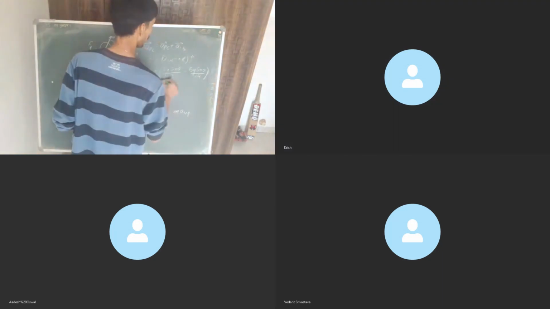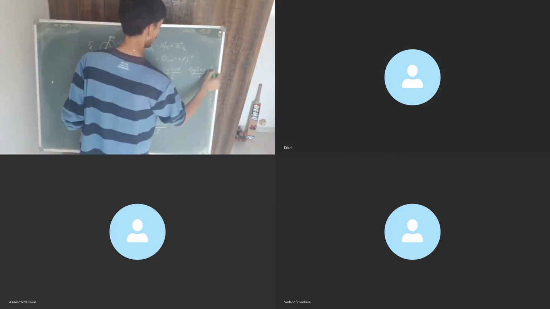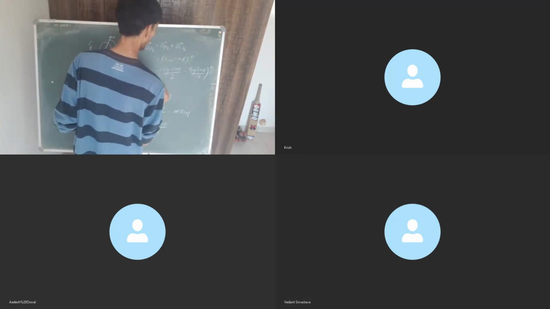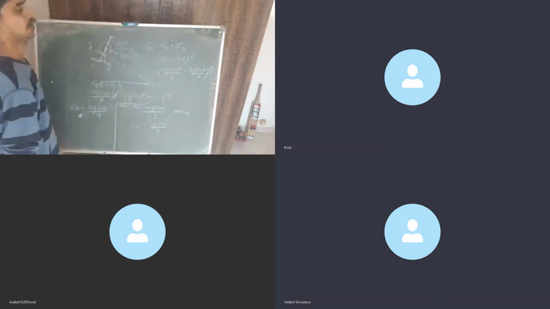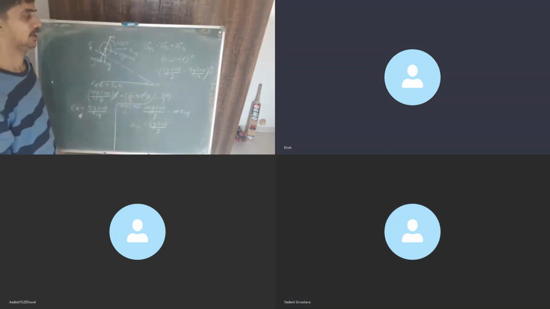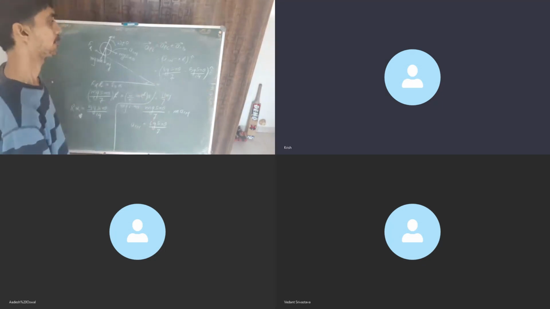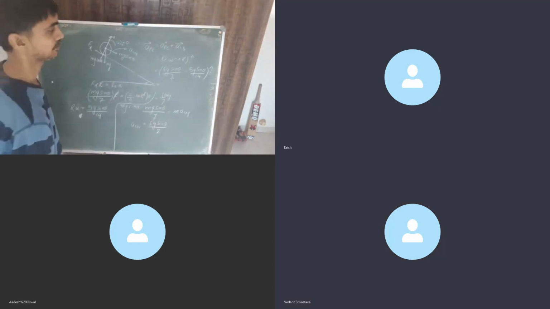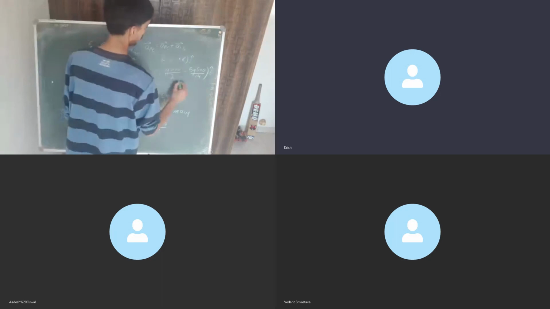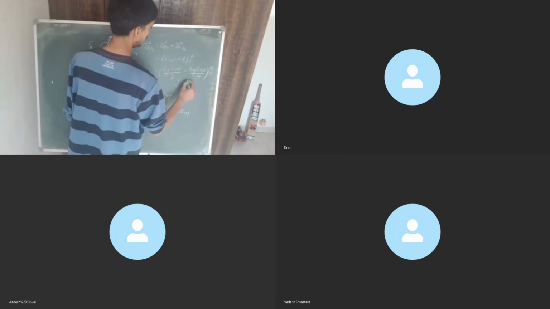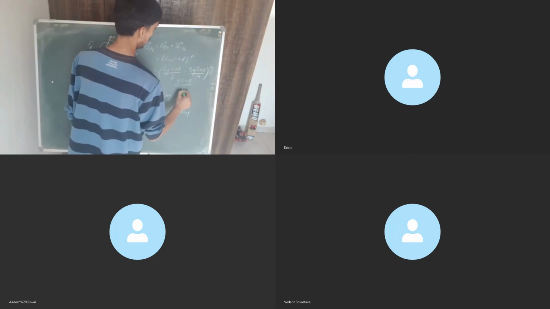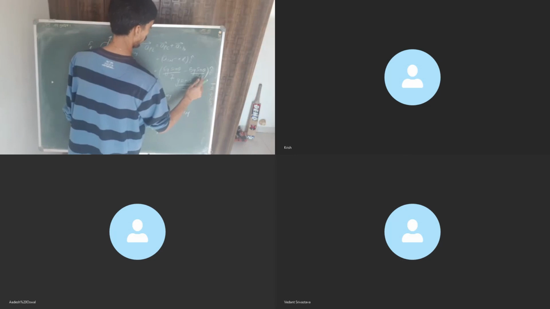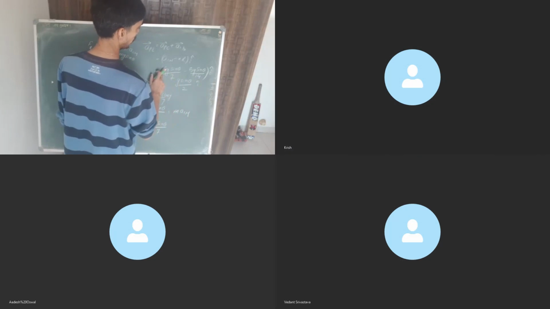Into I cap. What do we get eventually? See for yourself. The g sine theta by 2. How much? g sine theta by 2. Okay, 14 and this will be 2, 12.